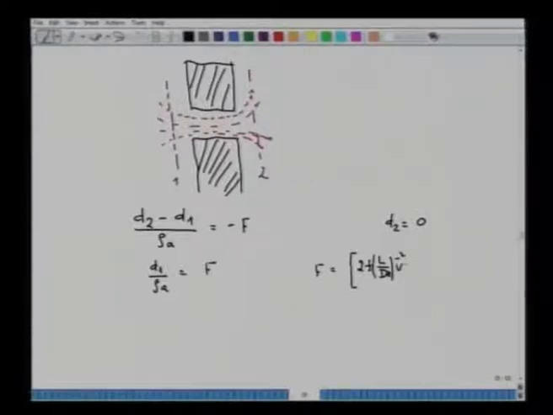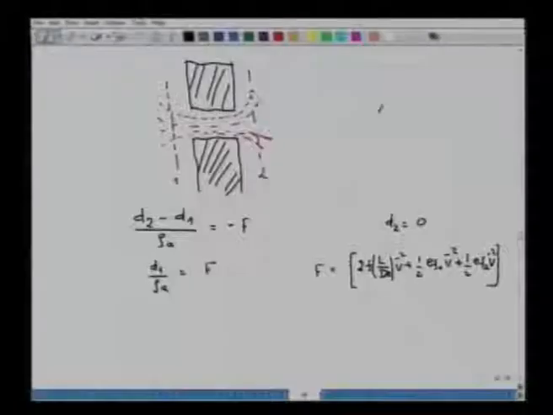V bar square plus half EF1 V bar square plus half EF2 V bar square. Since it is a rectangular cross section, you have to find the D equivalent, for which I had already given the formula.